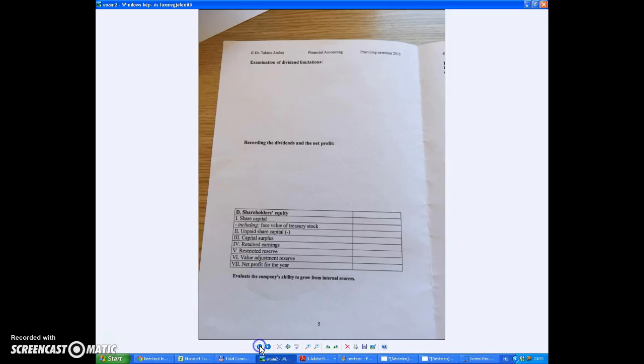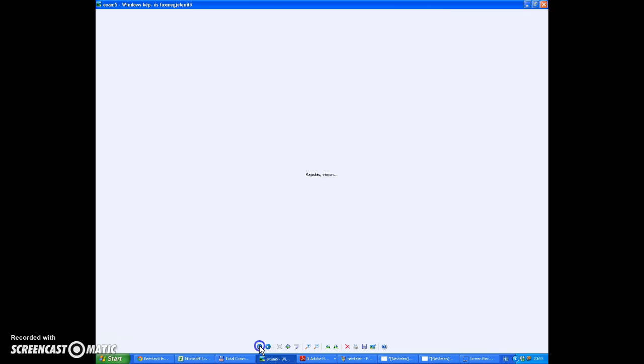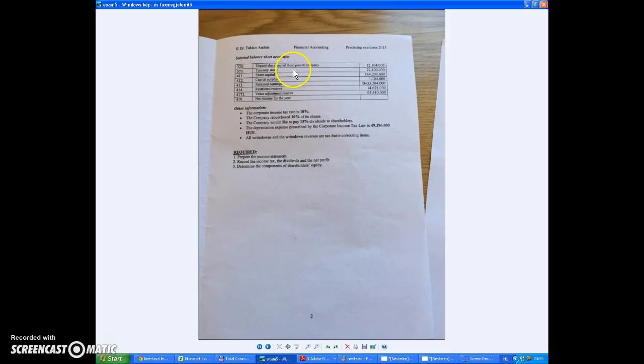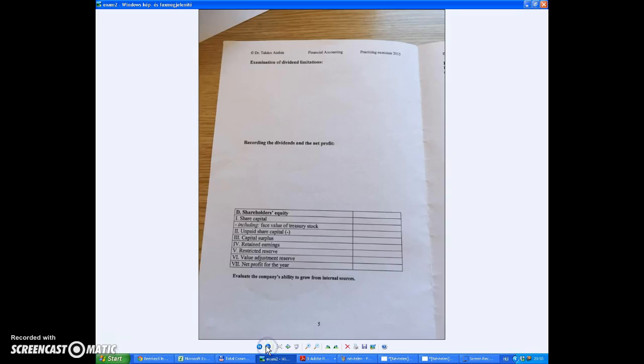Okay, so the next entry, we need the unpaid share capital. It's very simple. The unpaid share capital from the parent company is this amount, so we can calculate it easily. Let's see the capital surplus.